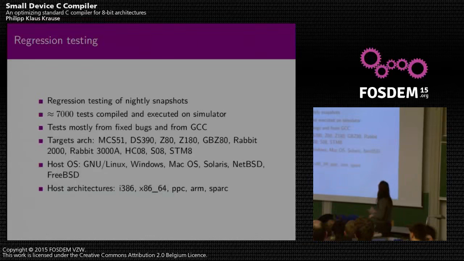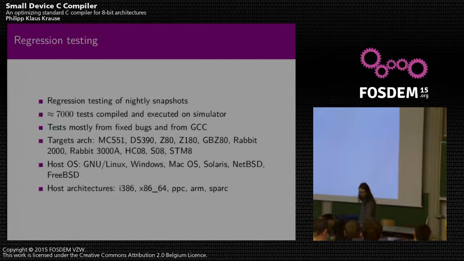Some of them have been written by the people implementing some feature, but most of them are regression tests for bugs that used to be there or that we took from GCC, which helps reassure users a bit. If your code seems to be working okay on GCC, then probably it will work okay on SDCC as well, within the bounds of the target architectures. Of course, if your target doesn't have more than a kilobyte of memory, you can't use it. We do it for all the target architectures, and on various host systems and host architectures.